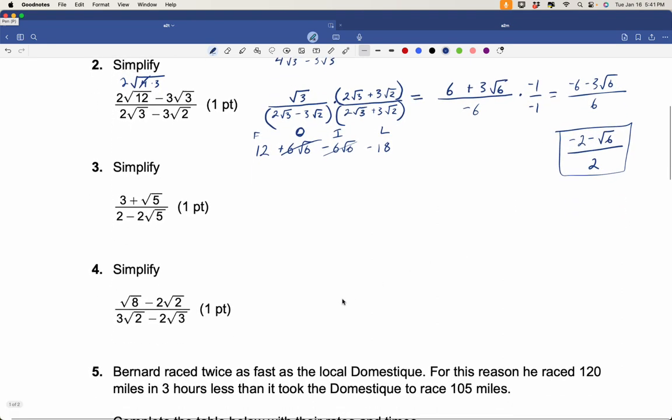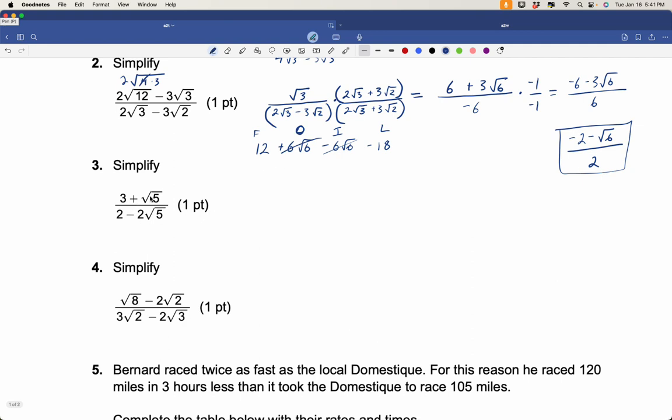All right, let's look at this one. And make note of the FOIL that we do. We're going to skip these two because they cancel each other out. Or you can skip those two because they'll cancel each other out. And we'll prove that as we go through. So here we have a standard 3 times square root of 5. Can't do anything to simplify that any further. 2 minus 2 times square root of 5.